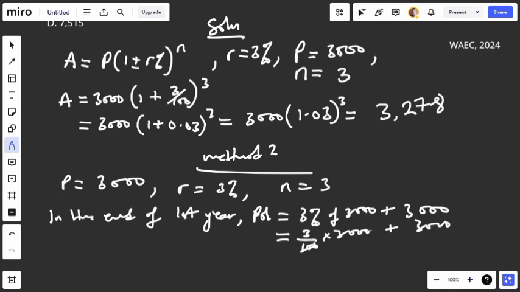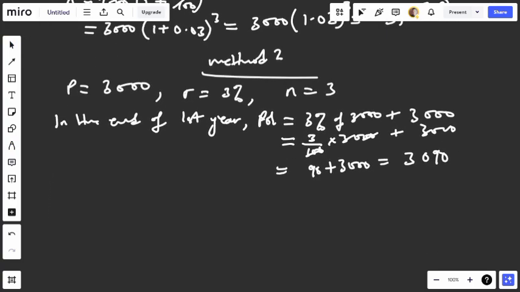The 2 zeros will cancel 2 zeros here, so 3 times 3 is 9. That will be 90 plus 3,000, which equals 3,090. So by the end of the first year, the population will be 3,090.